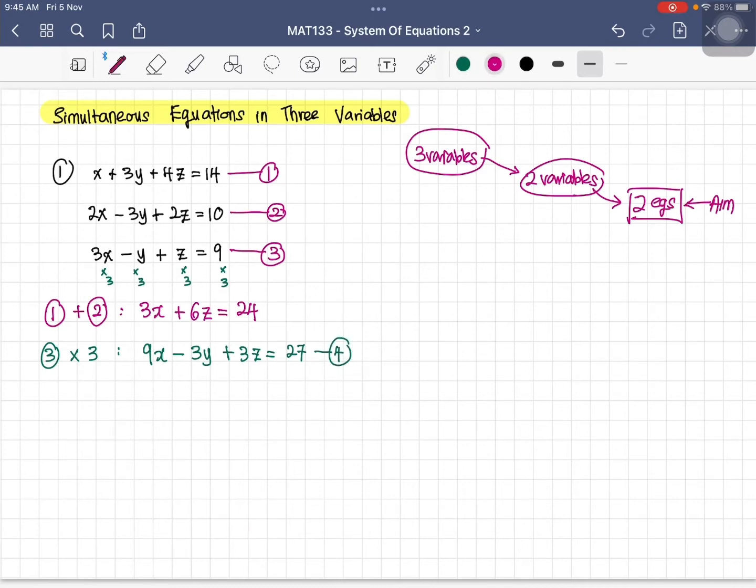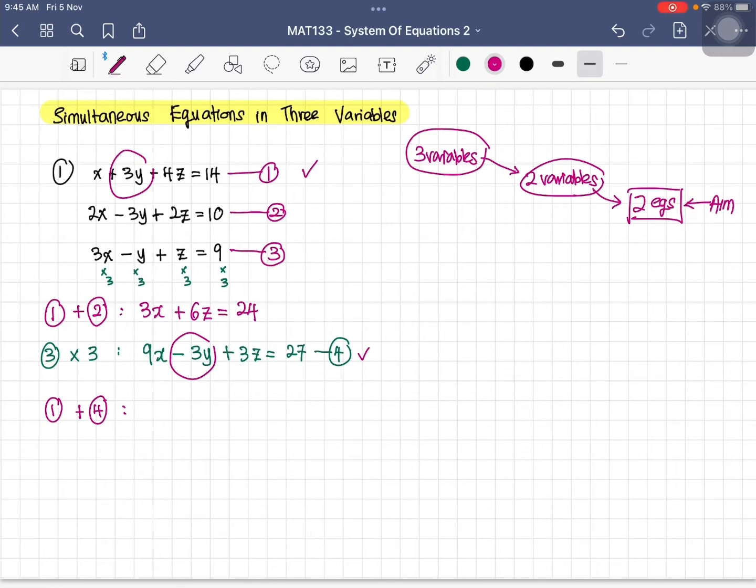Now, we add the first equation with the fourth equation, 1 plus 4. When we add them together, 3y added to negative 3y becomes 0.